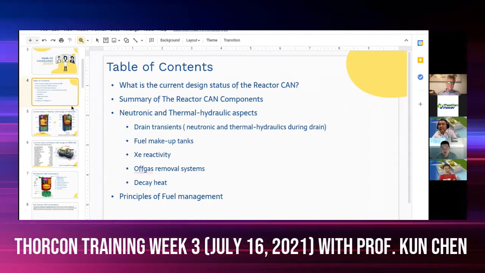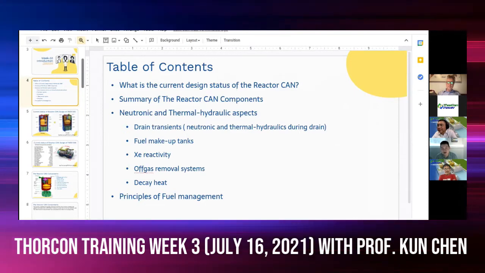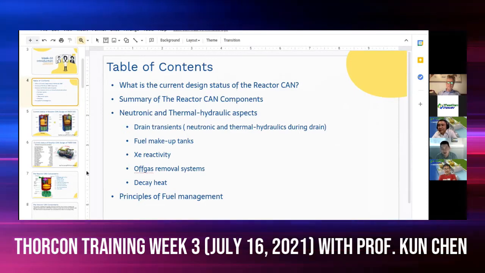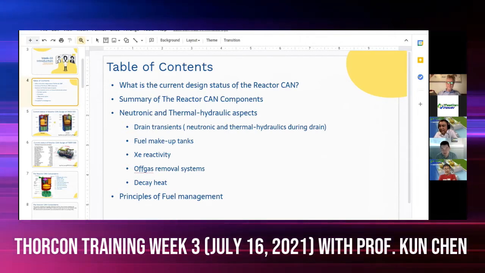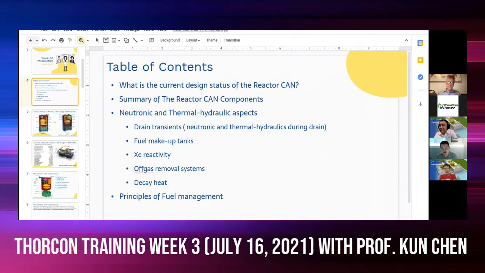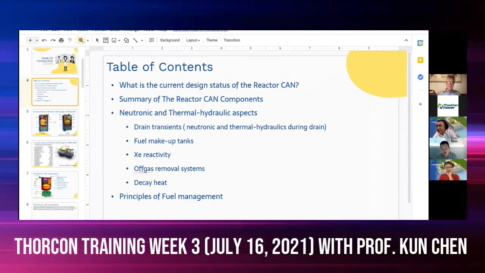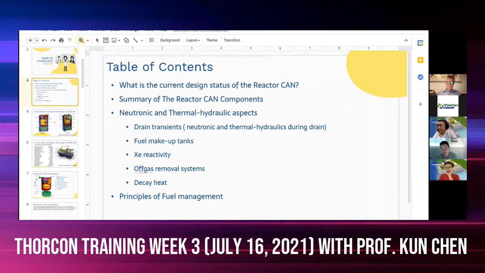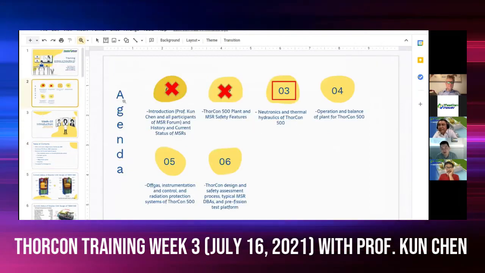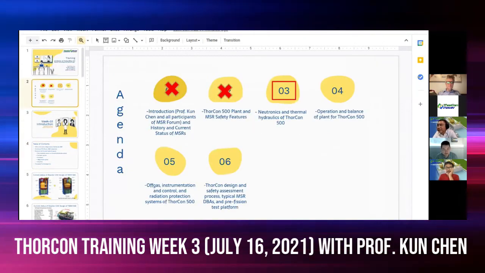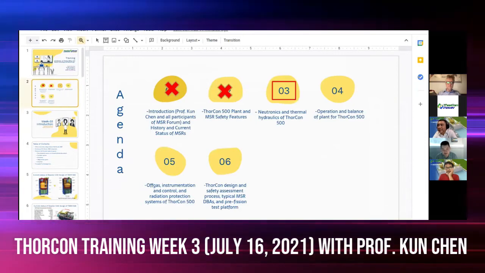If you have any questions regarding the presentation, you can either raise your hand or leave your question in the comment. We'll be watching for that, and after the presentation, we will answer those questions one by one. Next week, we're going to have a presentation about the operation of the power plant, followed by the 5th week on off-gas, instrumentation, control and radiation protection.